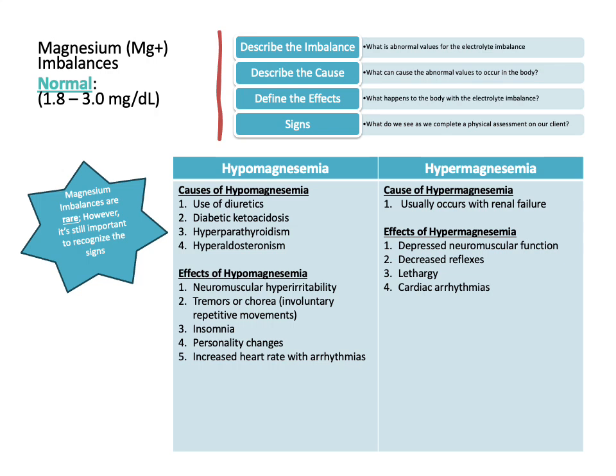Sometimes we use magnesium in the pregnant population as a tocolytic, but that's for a different discussion. Just know that magnesium replacement is important. We also have hypermagnesemia. If it's with renal failure, normally dialysis is a good way to help correct these values, especially with the electrolyte imbalances.